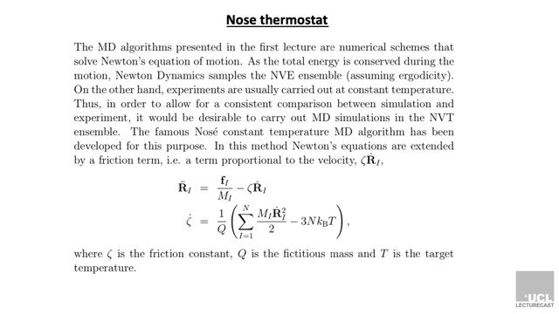What he suggested is to modify Newton's equation of motion and to extend it by a friction term. This friction term is shown here in that first equation. So here you have the normal Newton's equation of motion, acceleration is force divided by mass. But then you add this extra term that I call theta times the velocity, and theta is the friction.